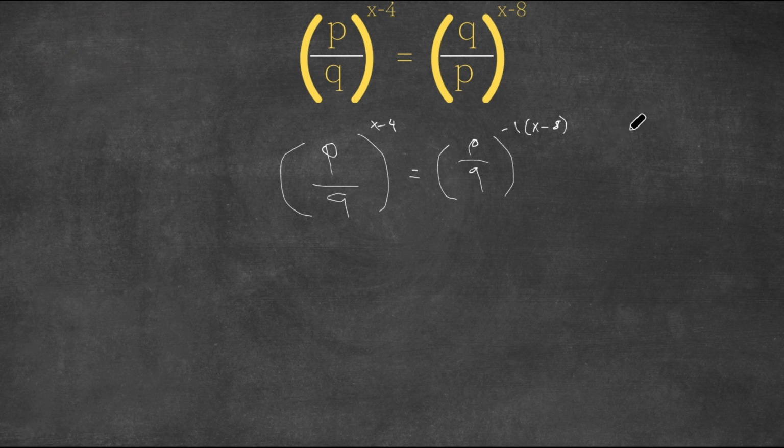We're going to distribute the negative 1. Negative 1 times x is simply negative x, and negative 1 times negative 8 is positive 8. We can rewrite this as 8 minus x.